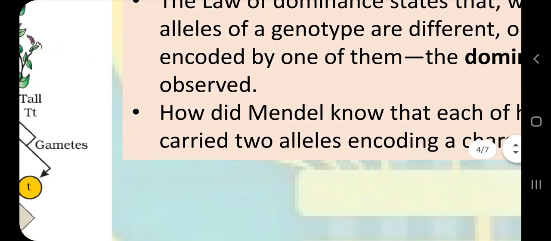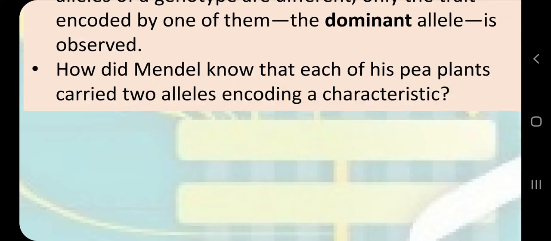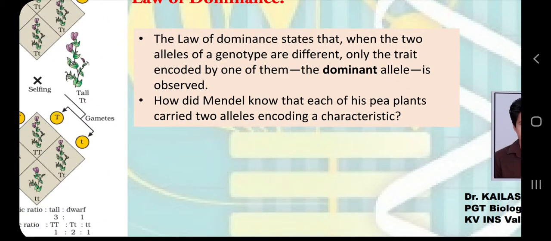One question for us is: how did Mendel know that each of his pea plants carried two alleles encoding a characteristic? This was also concluded by Mendel: genetic factors or genes encode observable features, which are characters, and these genetic factors occur in pairs in individual organisms.